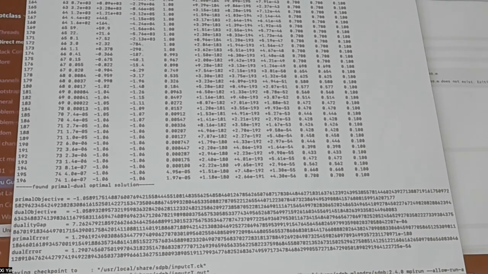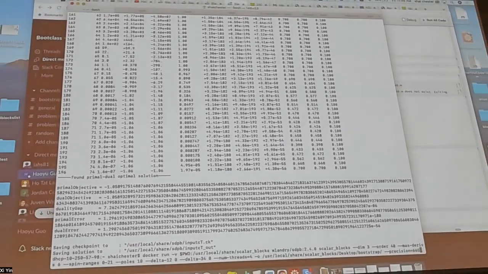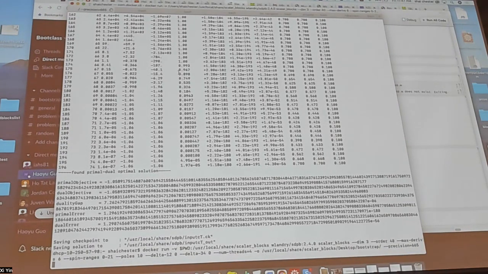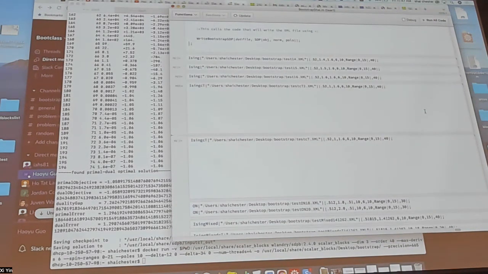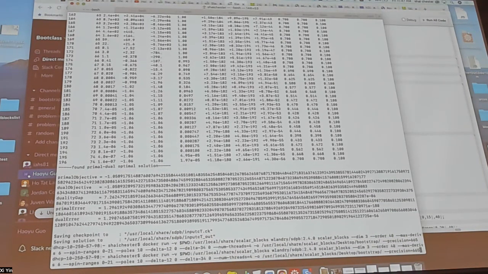Okay. So you compute these blocks using scalar blocks. After computing all these blocks, you can run the wrapper file like so. And then the code runs in 2 steps.